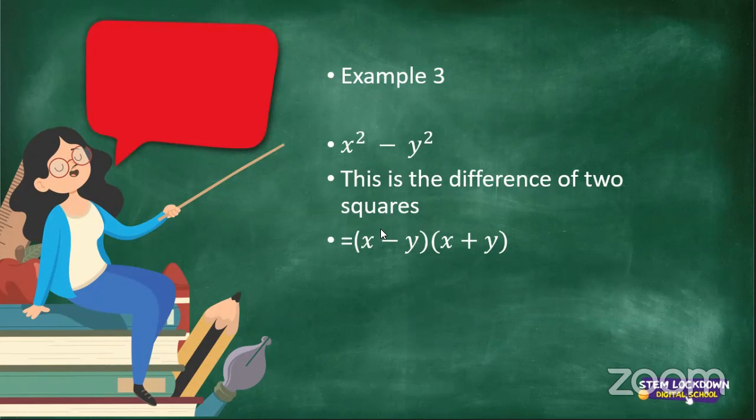And then when it comes to your sign, if you allocate a negative sign in the first bracket, then you must allocate a positive sign in the second bracket. If you allocate a positive sign in the first bracket, then you allocate a negative sign in the second bracket.